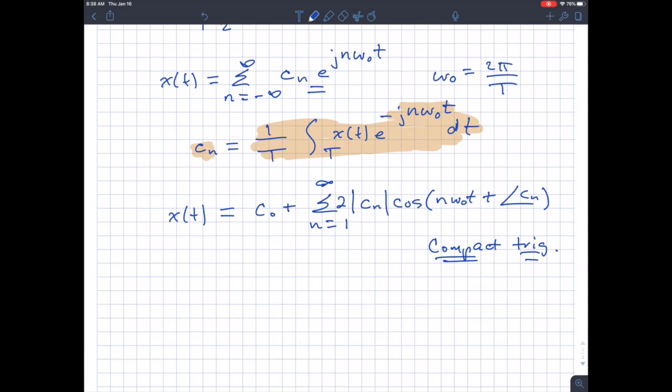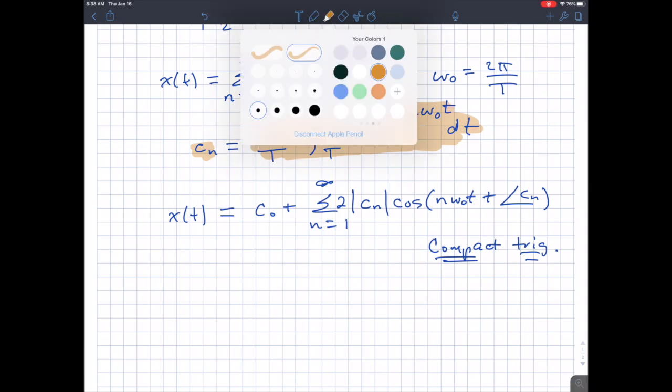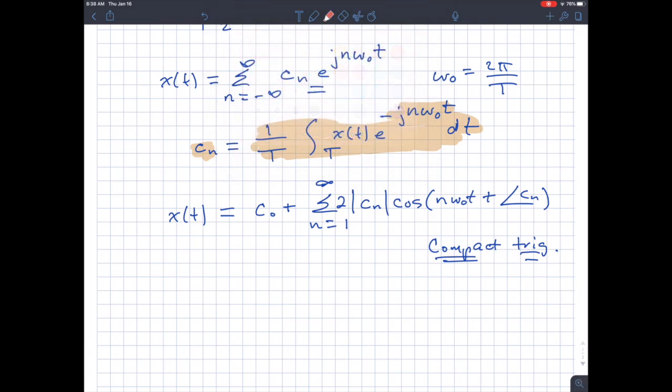Well, we have a practical problem in writing computer code to plot this signal. The practical problem is the sum from n equal 1 to infinity. Of course, we can't go to infinity, so we have to approximate this.